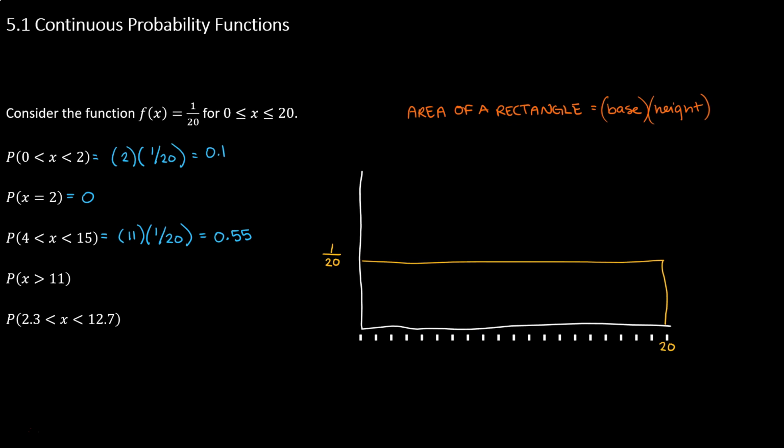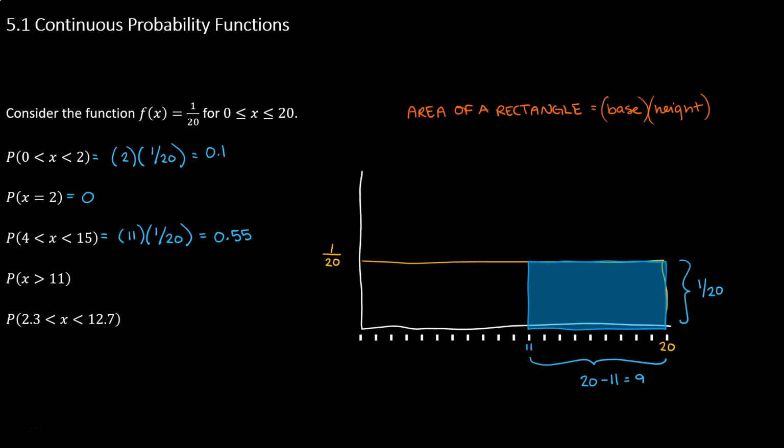What about calculating the probability that our variable is greater than 11? Well, that would be the right half of this rectangle, well, a little less than half. To calculate this, again, calculate the base times the height, multiply the two together to find the area.